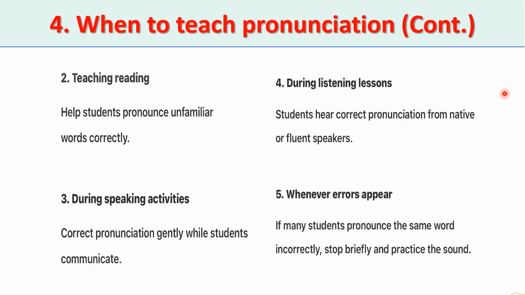Of course, when students read and we already told them the word's sound, but they still mispronounce, we let them stop and practice maybe 10 times or 20 times, repeating again and again. Something like that. Next slide, please.